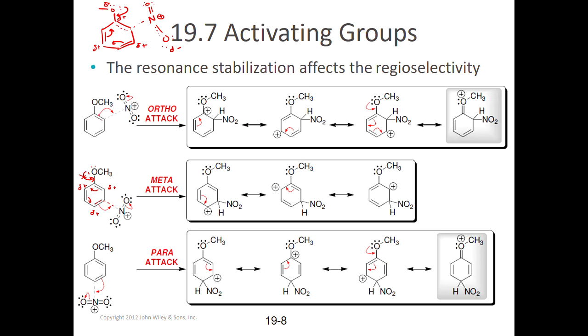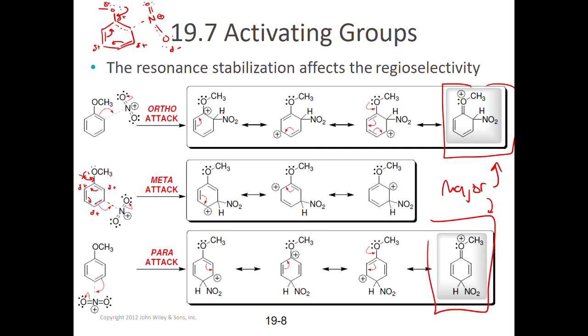So the reaction should be occurring much more often at the ortho and para positions when I have an alkoxy group connected there, because when the reaction occurs at the ortho or para positions, the transition state is stabilized through extra resonance with the lone pair from the oxygen, and the intermediate is also stabilized. And in this case, these are the major contributors.